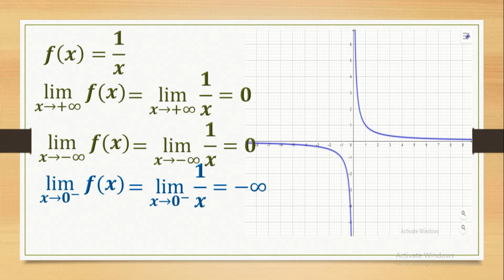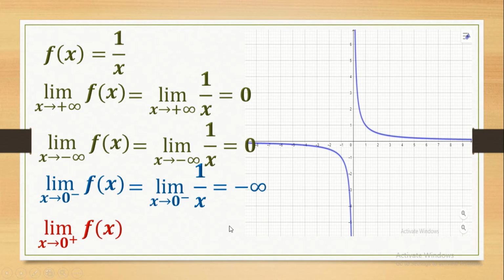Another example, if x is minus 0.0001, then 1 over x will be minus 10,000. So as x tends to 0 minus, 1 over x will tend to minus infinity. We say in this case limit as x tends to 0 minus for f of x, which is 1 over x, will be minus infinity.